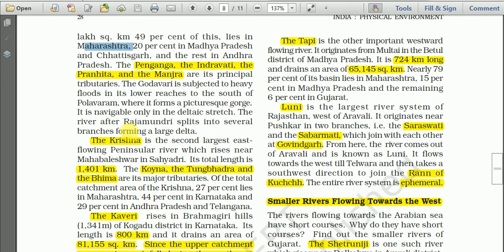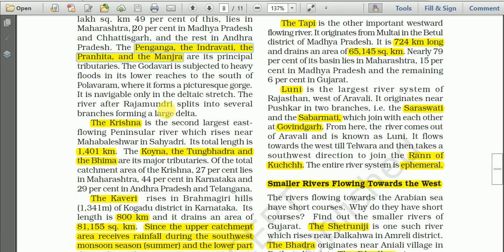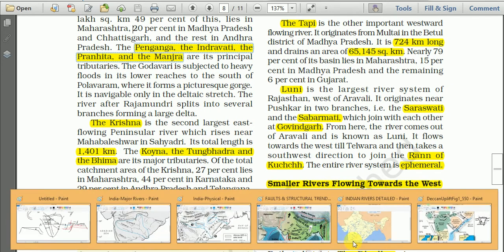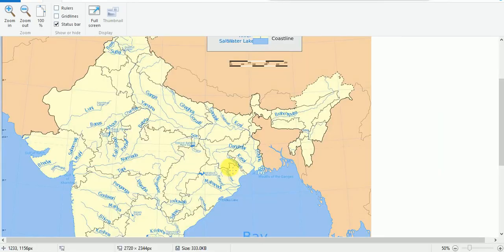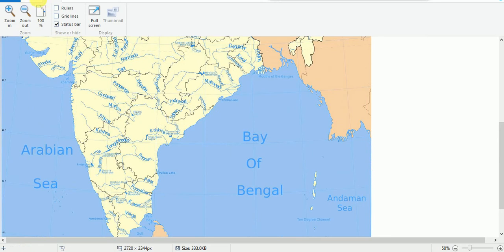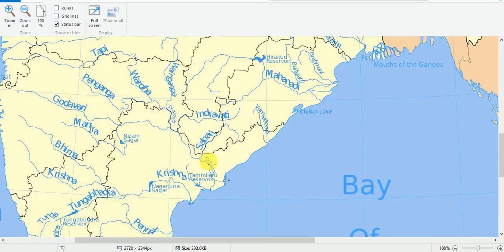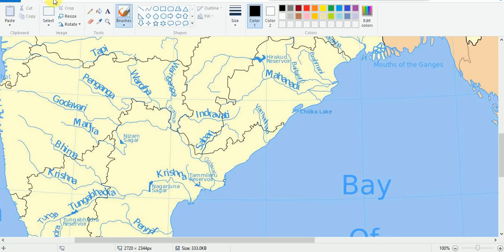So the important tributaries are the Penganga, the Indravati, the Pranhita, and the Manjra. These are its principal tributaries. These tributaries we may not find in our textbook maps. So here is another map showing the river systems of India.